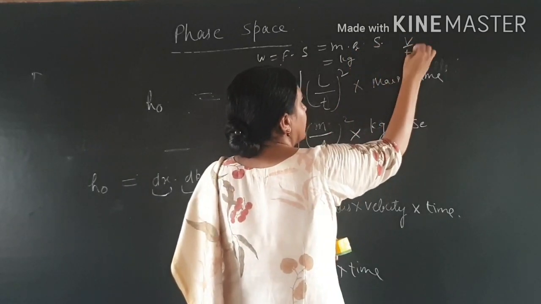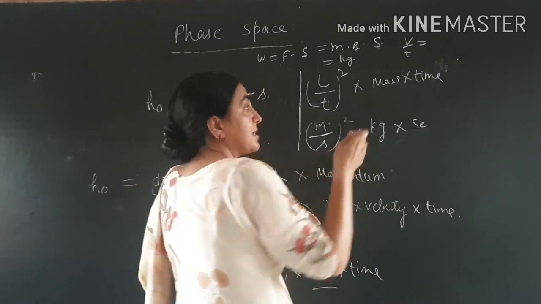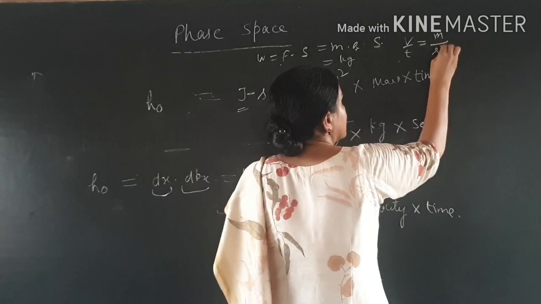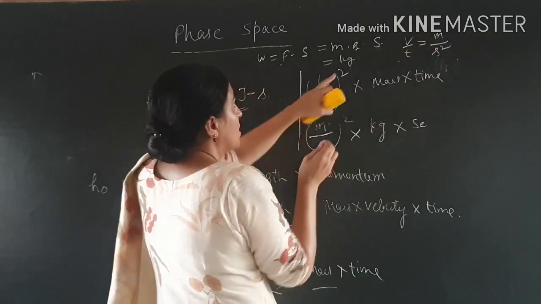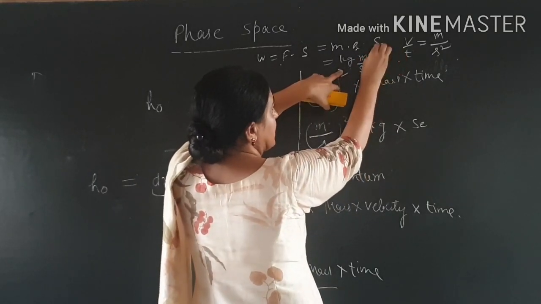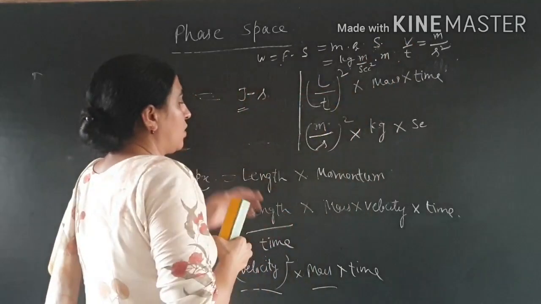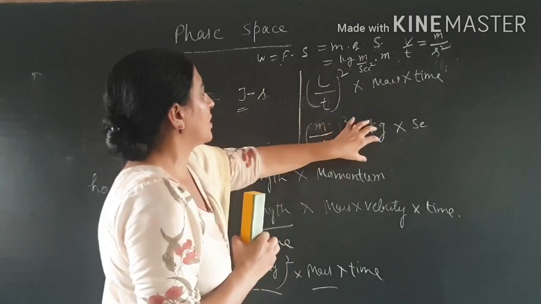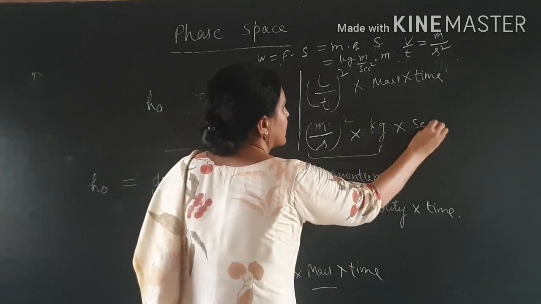Velocity is length by time, and length is in meters, so acceleration is meter per second square. The displacement is also in meters. So we get kilogram meter square per second square. This is joule, and this is second.